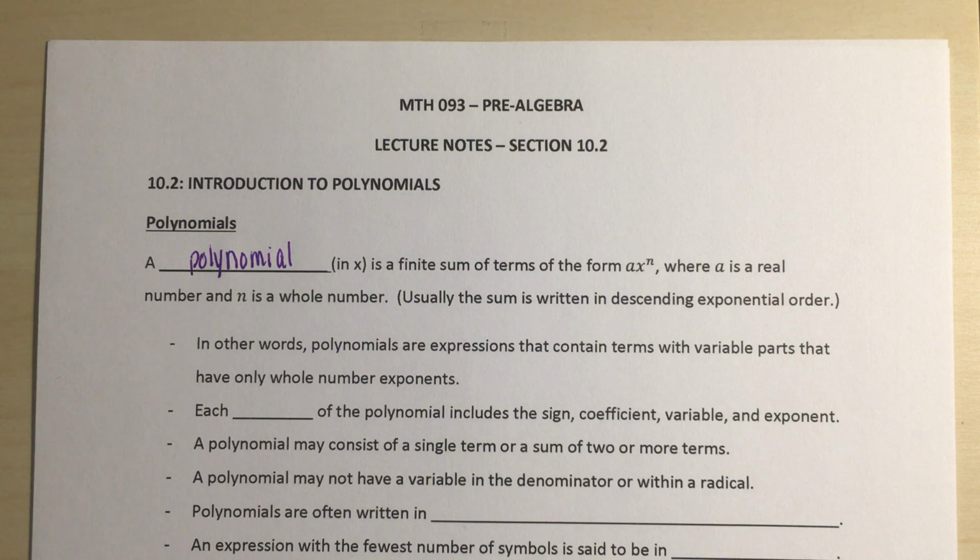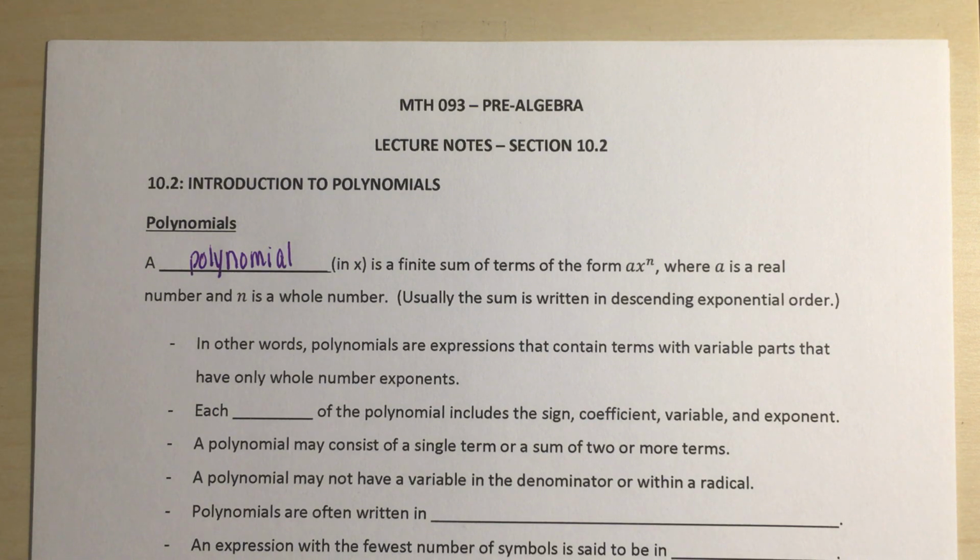Our terms are of the form ax to the nth power, where a is a real number and n is a whole number. What that means is that all of our terms, since we're in a polynomial in X, are going to have X as a variable, and the number out front is a coefficient. That coefficient is a real number, so it could be anything: a positive number, a negative number, a fraction, a decimal.